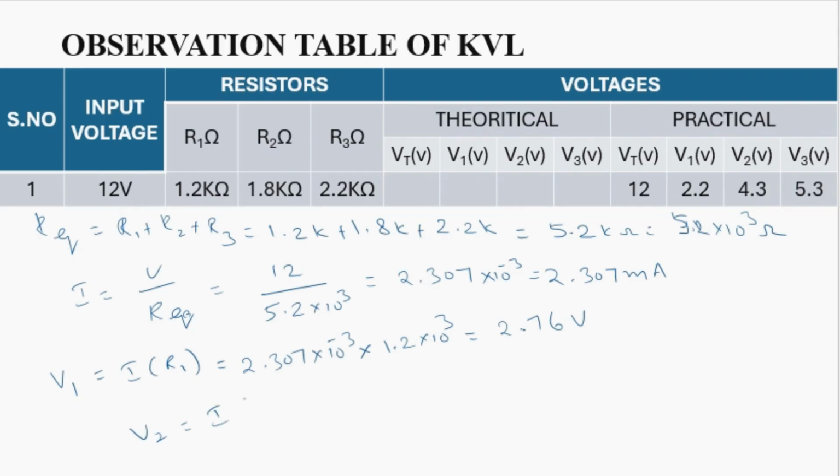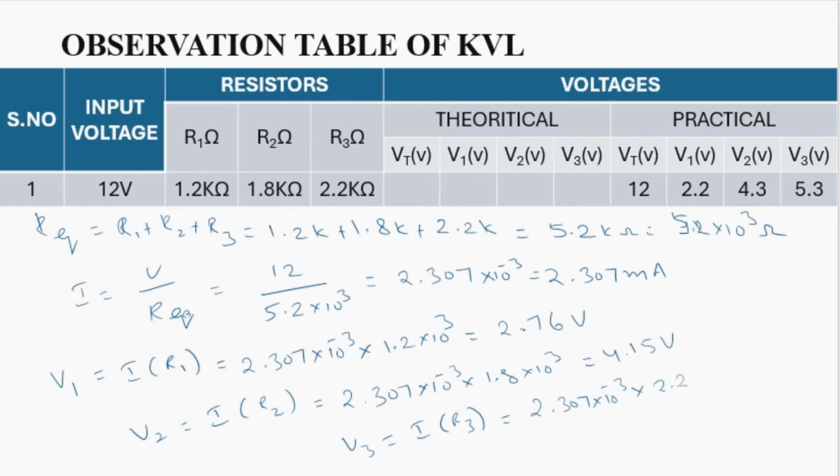V2 equals I into R2, 2.307 into 10 power minus 3 into 1.8 into 10 cube, which gives 4.15 volts. V3 equals I into R3, 2.307 into 10 power minus 3 into 2.2 into 10 cube, which equals 5.07 volts.